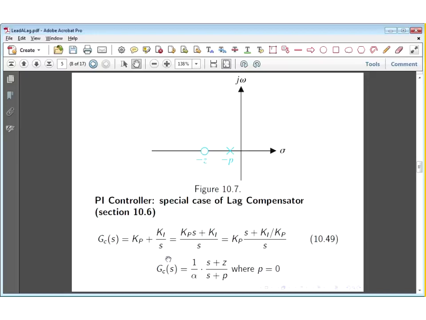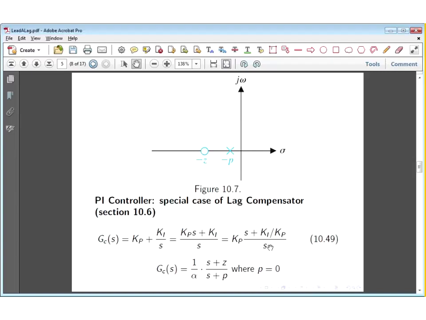But I can, of course, quite easily show by putting the two terms on a common denominator that my PI controller is KP S plus KI over S. And then I can factor out the gain KP and put it in front of the fraction, which will leave me with a denominator of S plus KI over KP over S.